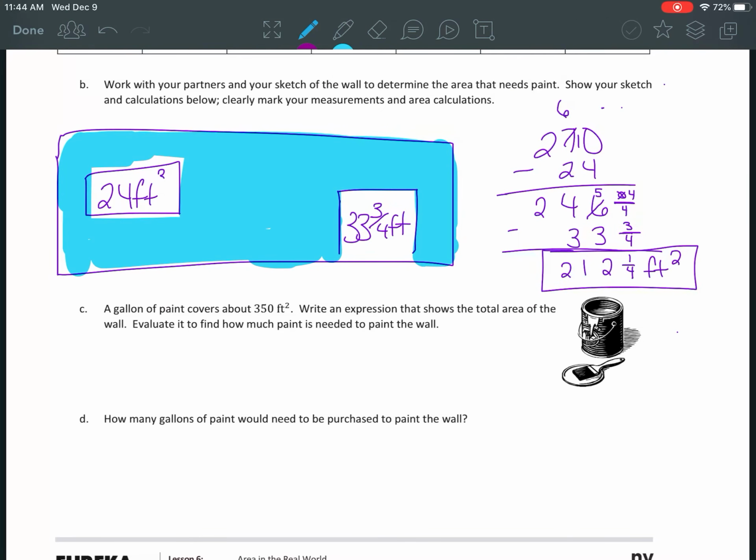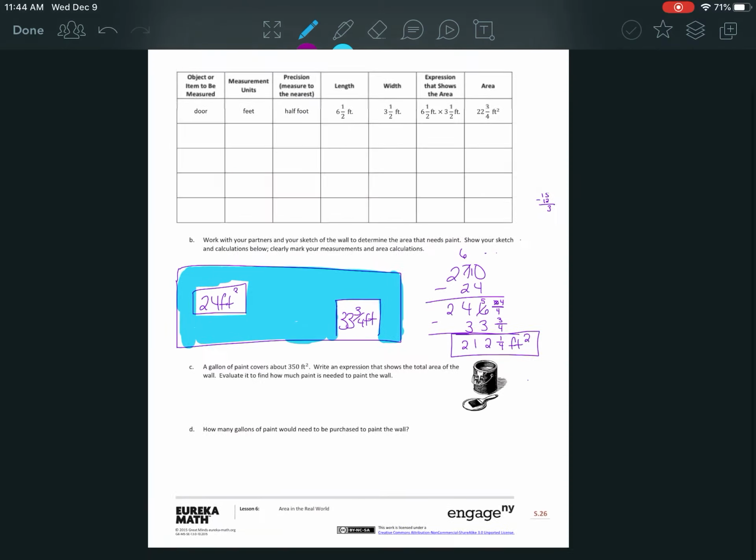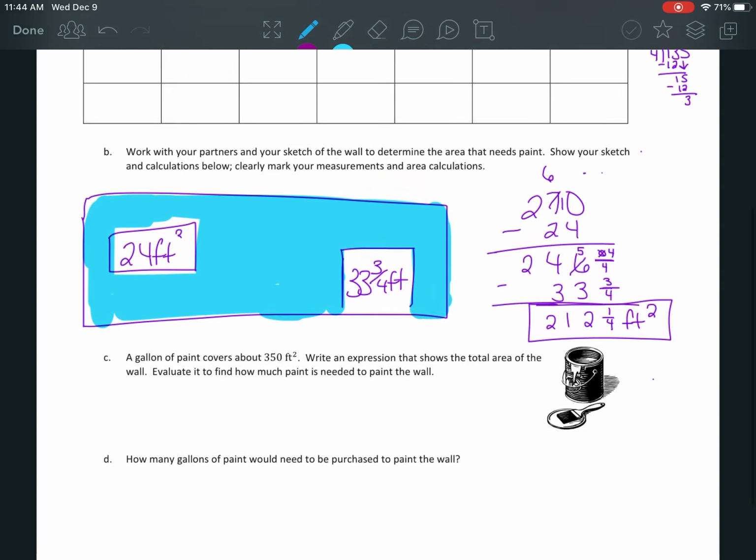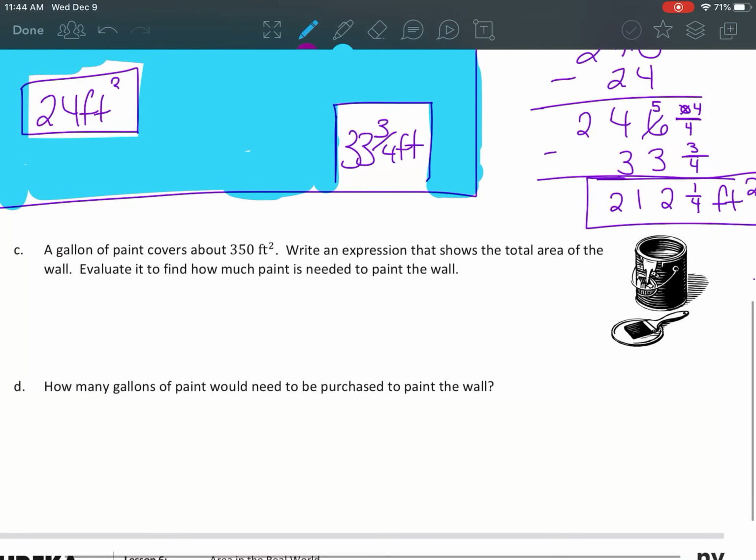Okay, so that's for part B. Part C: a gallon of paint covers about 350 feet squared. Write an expression that shows the total area of the wall. Okay, we have the total area of the wall up there. And evaluate it to find out how much paint is needed to paint the wall.